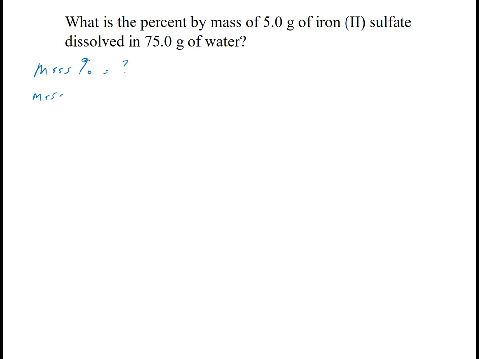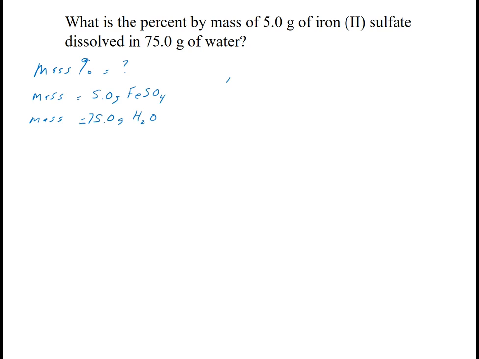Mass, I have another mass, it's 5.0 grams, and that's FeSO4, but you don't have to have the formula for this one. And then I have another mass that is 75 grams of water.